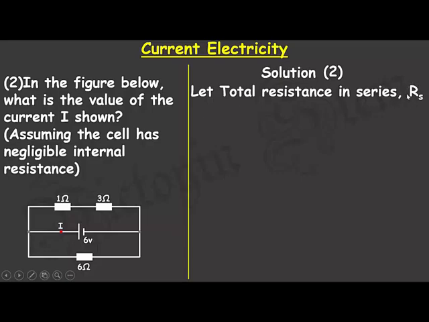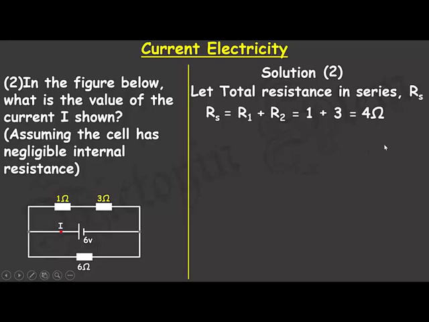If I christen the total resistance of the resistors in series as Rs, Rs would be equal to R1, which is 1 ohm, the resistance of this resistor, plus the resistance of the second resistor, R2, equivalent to 3 ohms. So 1 plus 3 equals 4 ohms. So the total resistance in series, Rs, is 4 ohms.